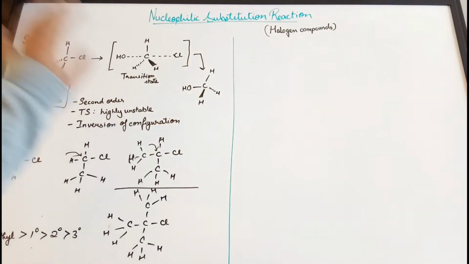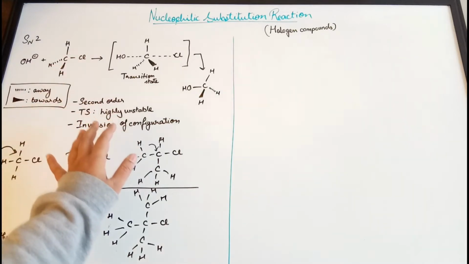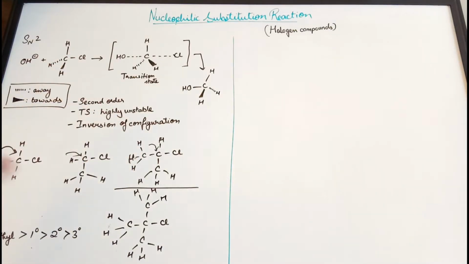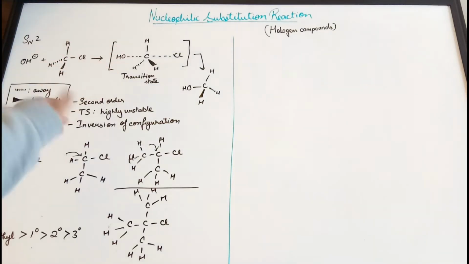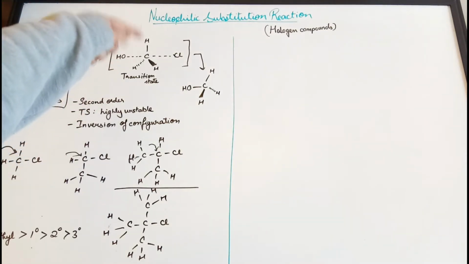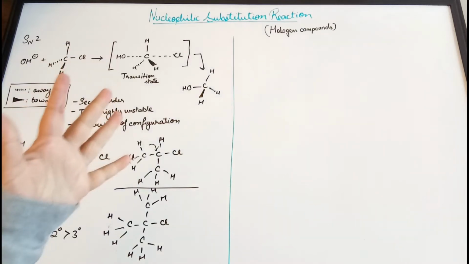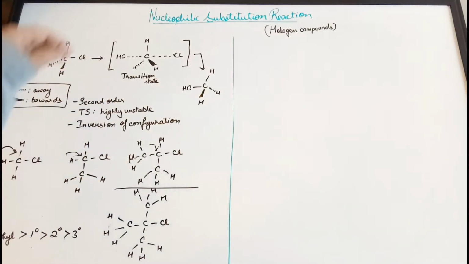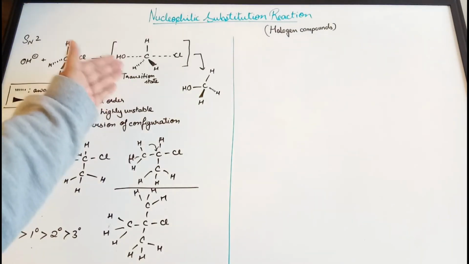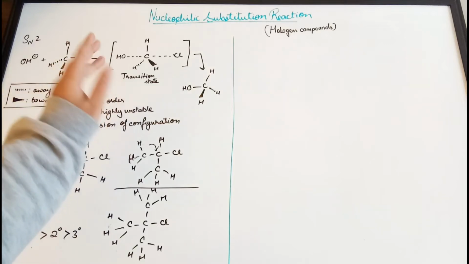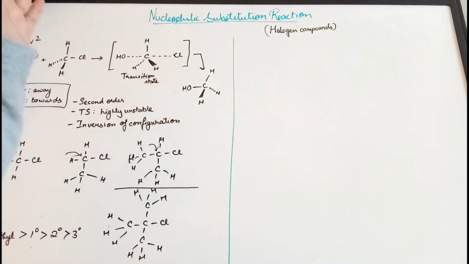There is a formation of something called the transition state, which is highly unstable in nature, because the carbon over here has 5 bonds, and this transition state shows the simultaneous breakage of the C-Cl bond and the simultaneous formation of the C-OH bond.